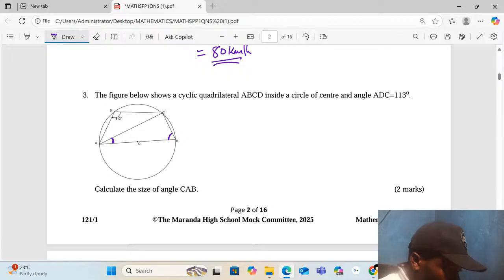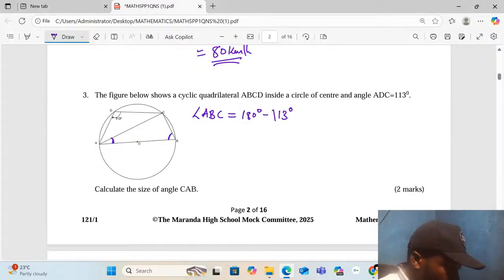So to get angle ABC, we simply take 180 degrees minus 113 degrees.